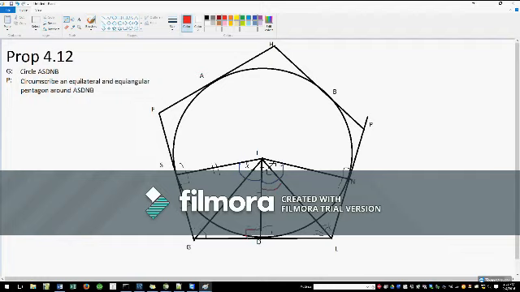This is a right angle, these two are right angles, and then D. Wait, what is it? Oh, wait.